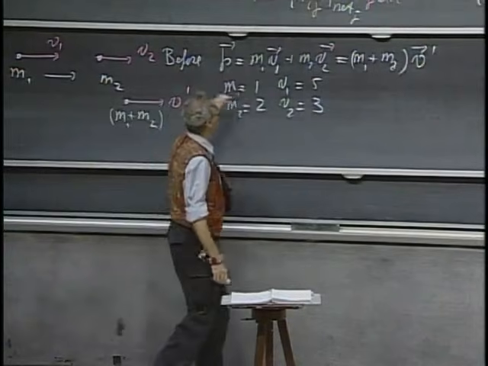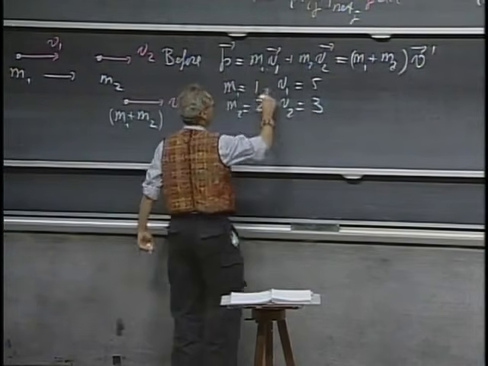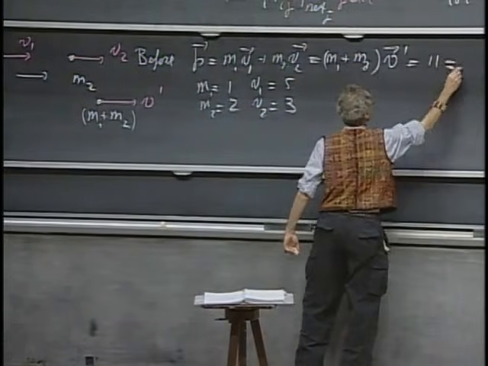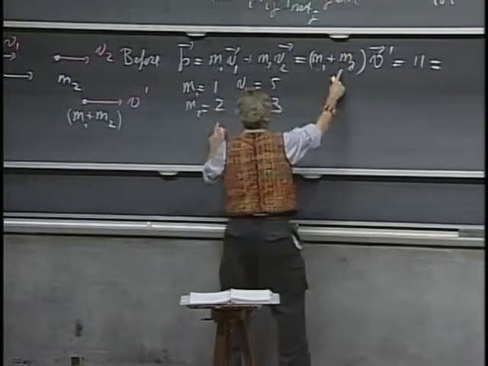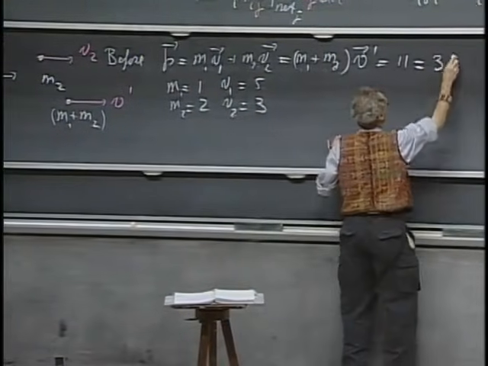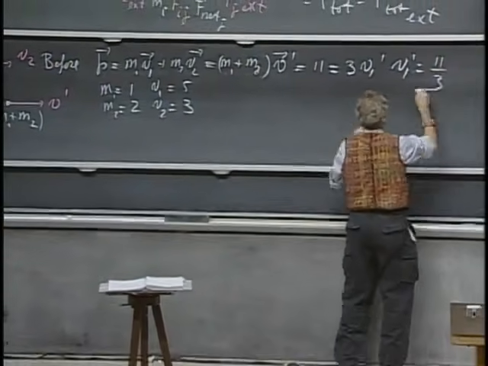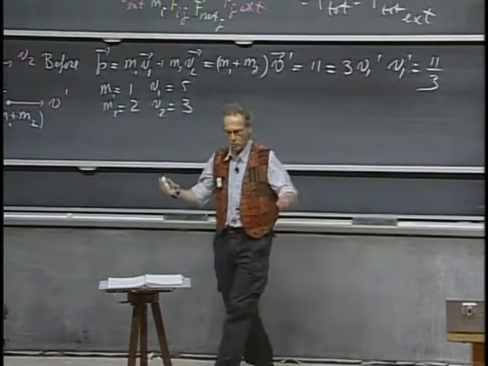Then you see, since they're both in the same direction, momentum here is 5 plus 6, which is 11. So this is 11. And this is 1 plus 2, which is 3, so that is 3 times v prime. And so v prime is 11/3 meters per second. So the conservation of momentum tells you what the speed is after the collision.